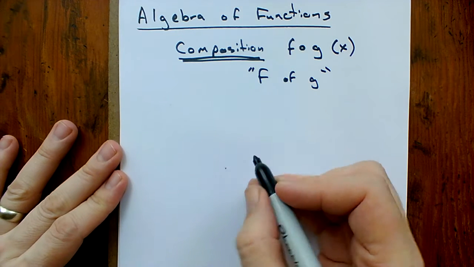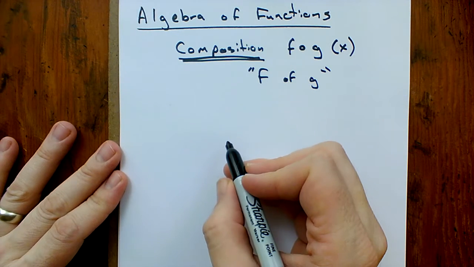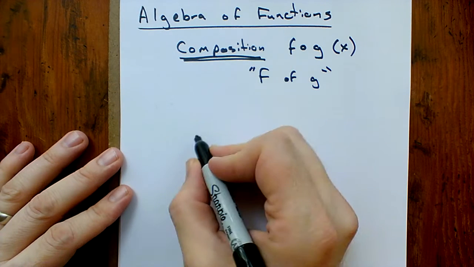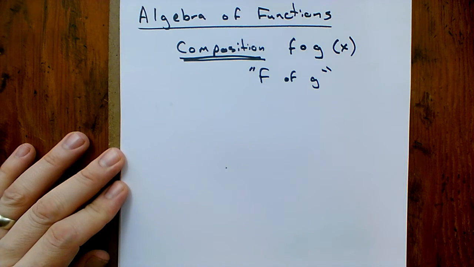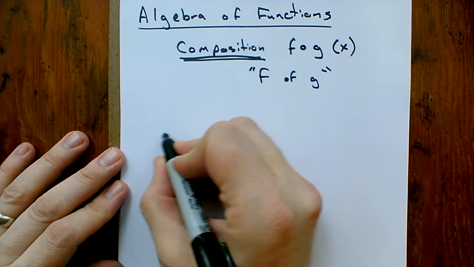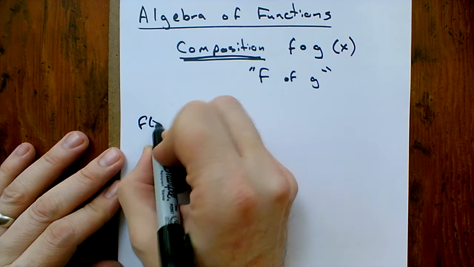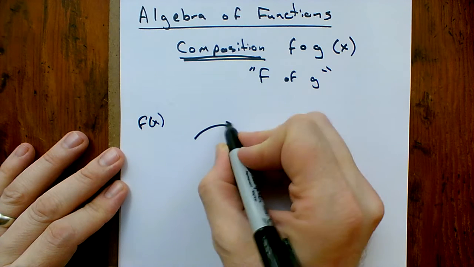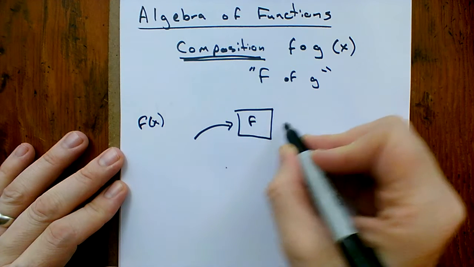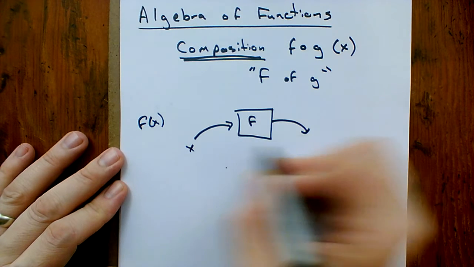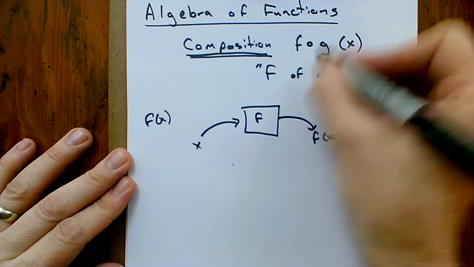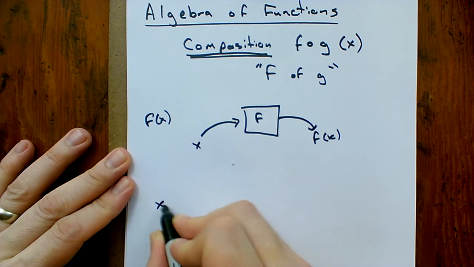Remember when we said that with a regular function, you could think of this as numbers in and numbers out? Well, here, with f of x, we'd take in some value and plug it into the function, and we'd get out some f of x. What we're going to do is start with our x.